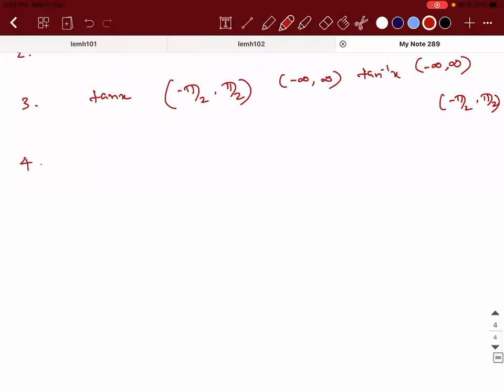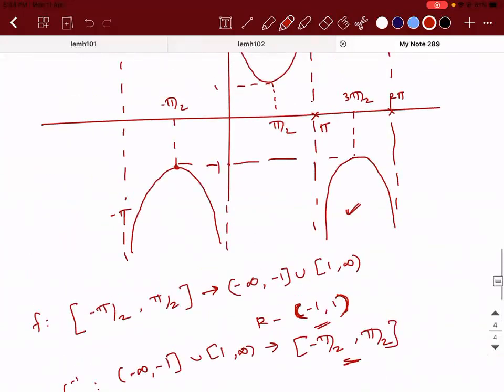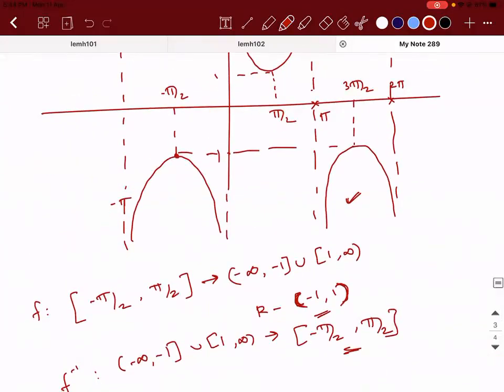Okay, fourth. We saw cosecant. So for cosecant x, again, what is the restricted domain? There is a small correction there. When talking, I didn't observe. So minus pi by 2 is correct. Between minus pi by 2 to pi by 2, there is a point of discontinuity. So you should remove that 0.